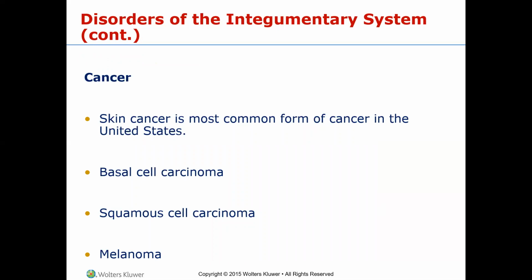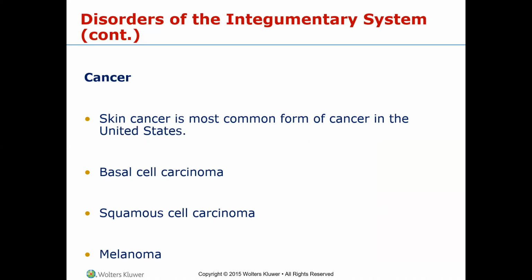Skin cancer is the most common form of cancer in the United States. We have basal cell carcinoma and squamous cell carcinoma, which are involving the upper portion of the epidermis.